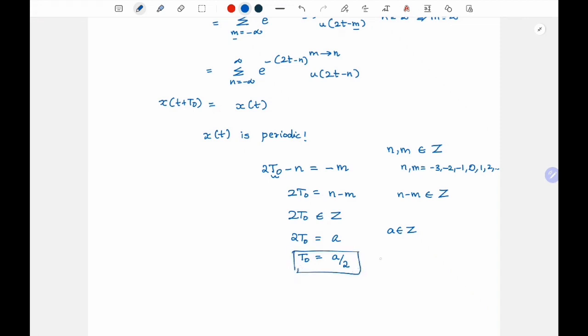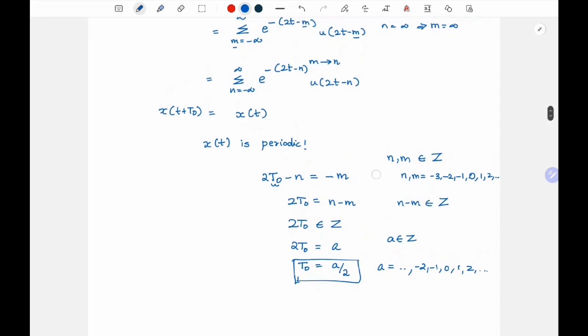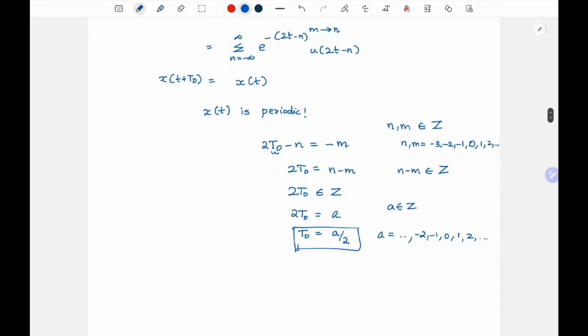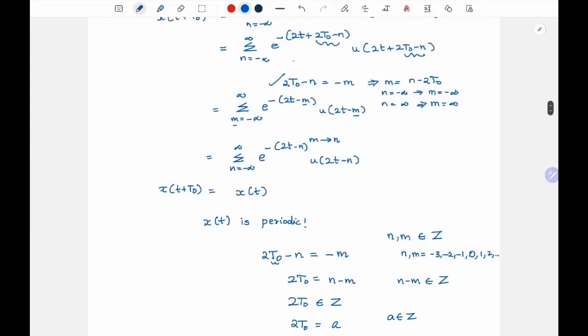Okay. And what value does a take? It can be positive or negative. So it can take any values, minus 2, minus 1, 0, 1, 2, right? And we need to find the smallest possible t naught, which is a positive t naught, for the definition of period, right? And if you take 0, then it is actually the same signal, right?